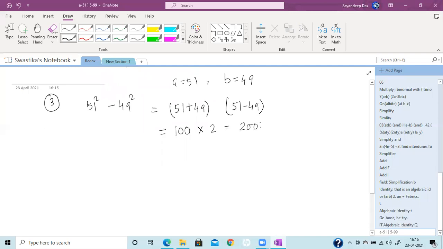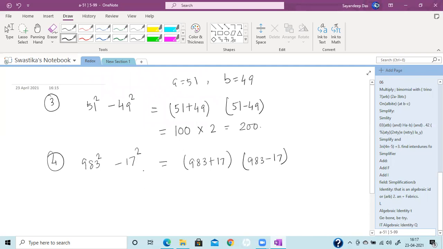Now you see how easily you can find the value of this kind of problems by applying the identities. Suppose you are given 983² − 17². So now a + b, 983 + 17, into 983 − 17.